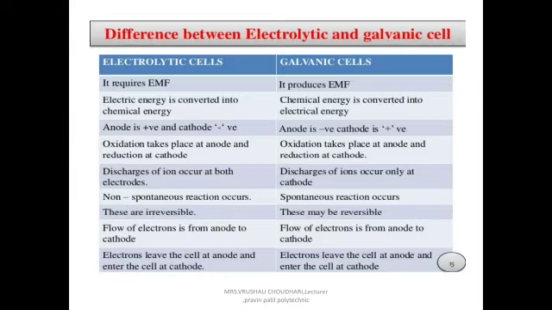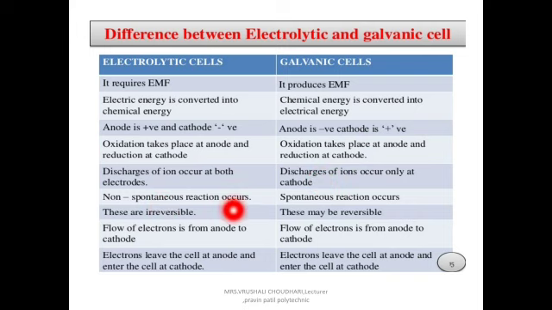Oxidation takes place at the anode, reduction at the cathode. Vice versa, oxidation takes place at anode and reduction at cathode. Discharge of ions occurs at both electrodes in the electrolytic cell. Discharge of ions occurs only at the cathode in a galvanic cell.